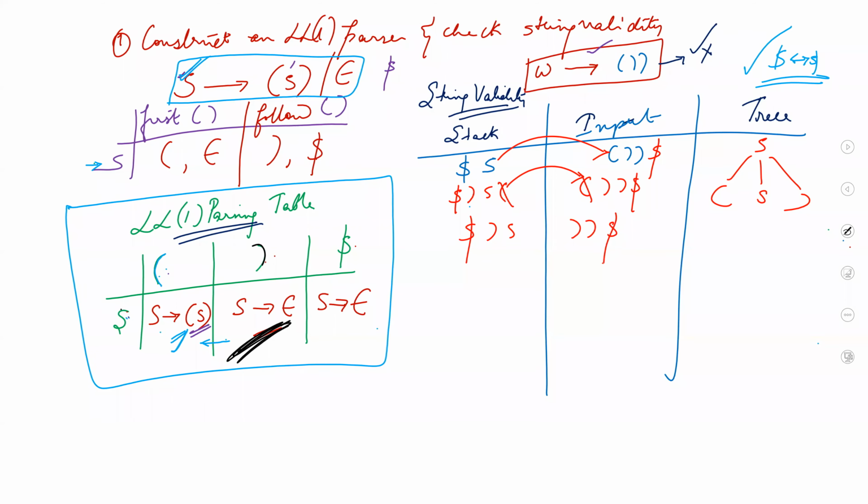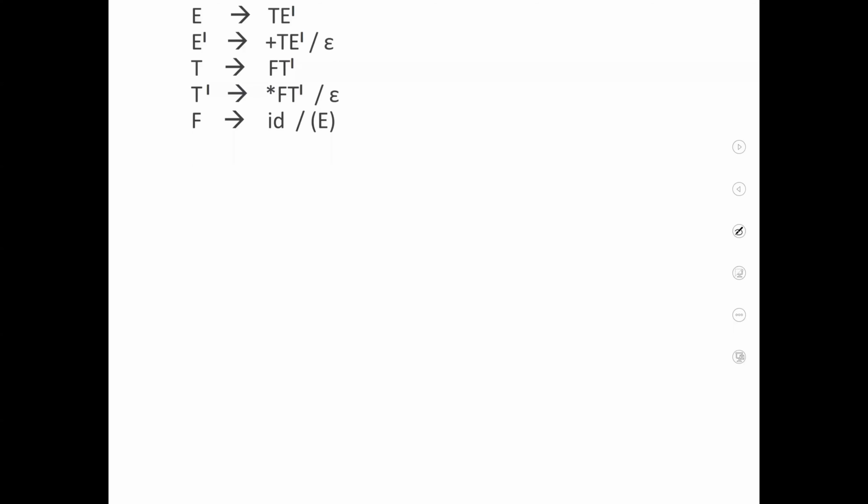Okay. S you encounter with a closing bracket, which means S is going to be epsilon, which means, S is nullified, and then you have S. Okay, so the tree you will be making.